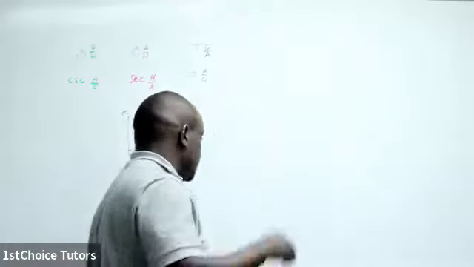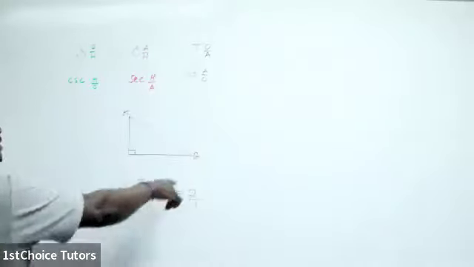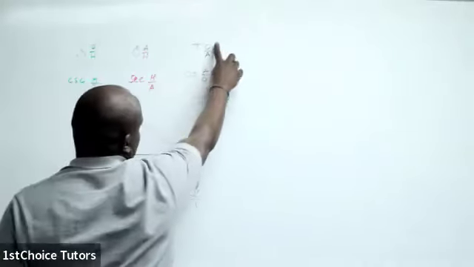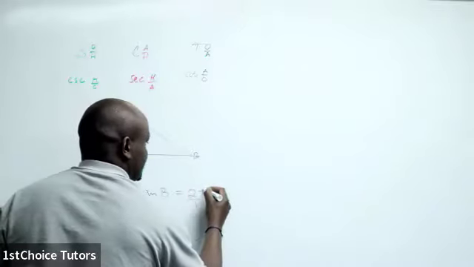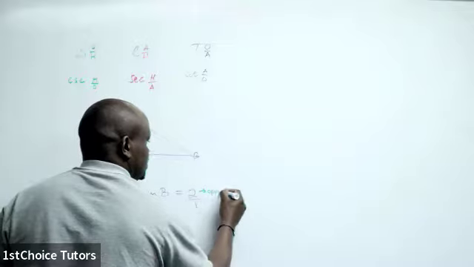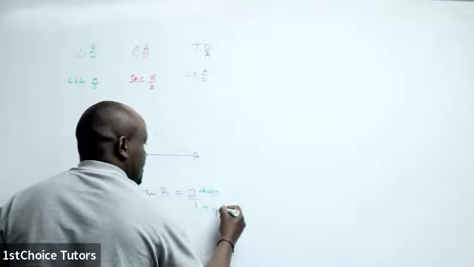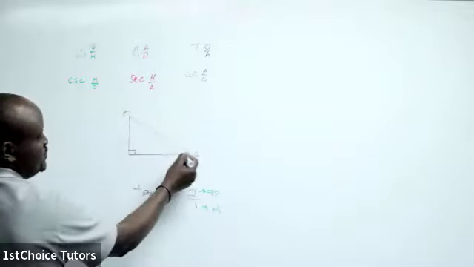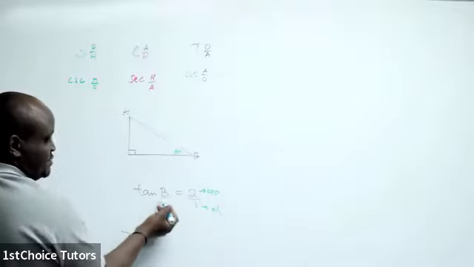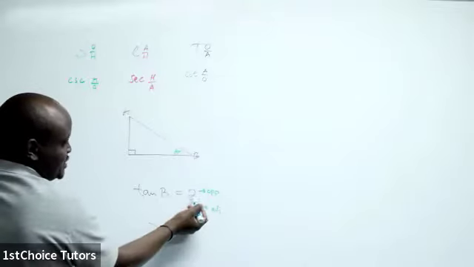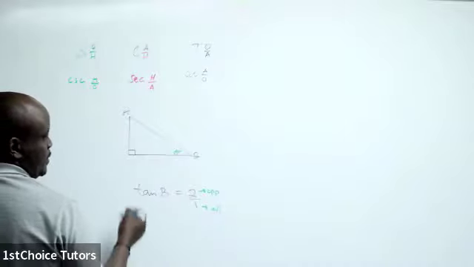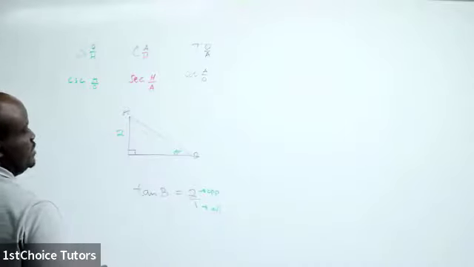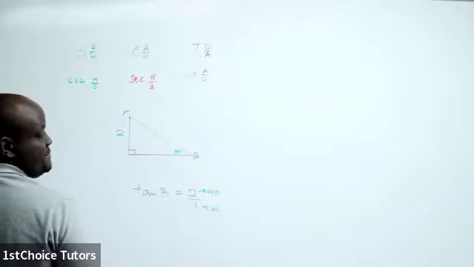Tangent has a definition. Tangent is what over what? So we know this thing here is our opposite. This thing here is our adjacent. If you're looking at B, because it's tangent B, what's opposite from the angle? 2. Exactly. What's adjacent to it?